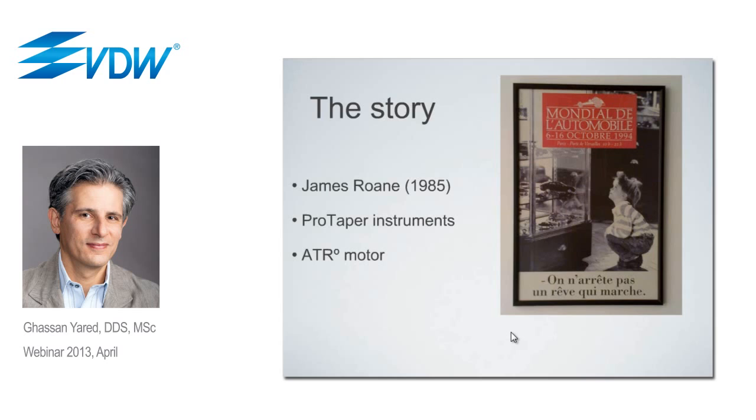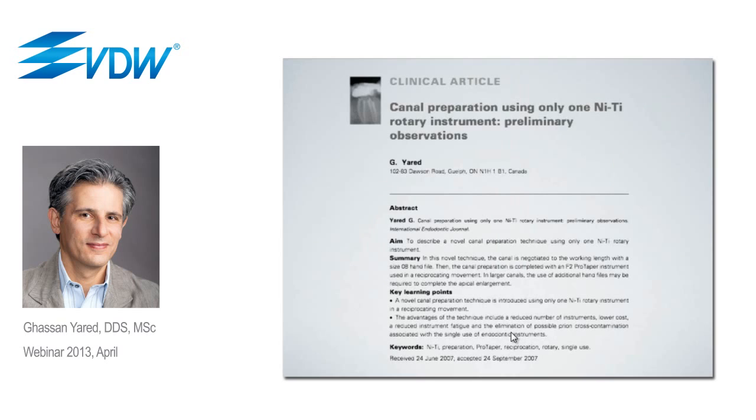And then I discovered, just from trials and errors, that I was able to prepare that canal in a resin block with only one F2 ProTaper instrument. So this is how the idea came to my mind. And that was the first paper that I published on the use of the F2 ProTaper in reciprocation. That was published in 2008.